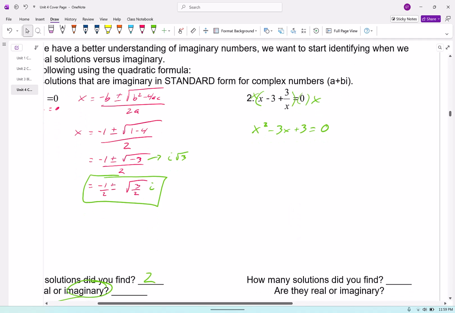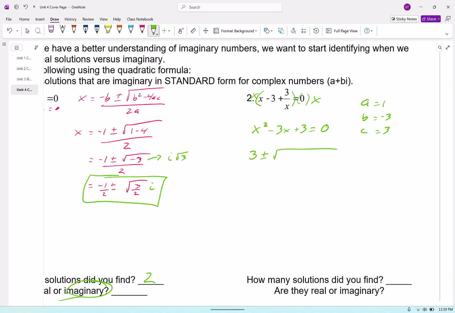All right, so I got my a value equals 1, b equals -3, and then c equals +3. So the opposite of b is just going to give me 3 plus or minus the square root. We have -3 squared is 9, minus 4 times a, which is 1, times 3, which is 12, all over 2 times 1, which is 2.